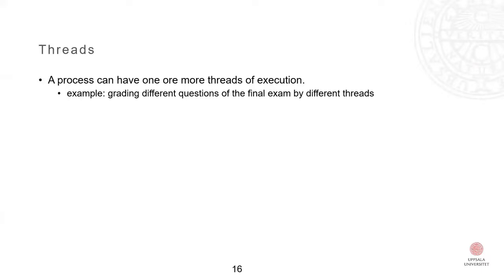Or there are many other examples where processes can benefit from using threads. For example, imagine you have a big for loop with 1 million iterations. You can divide the work among 4 or 16 or whatever number of cores that you have, so that this will take 1/4 of the time or 1/16 of the time, depending on the number of cores that you have.